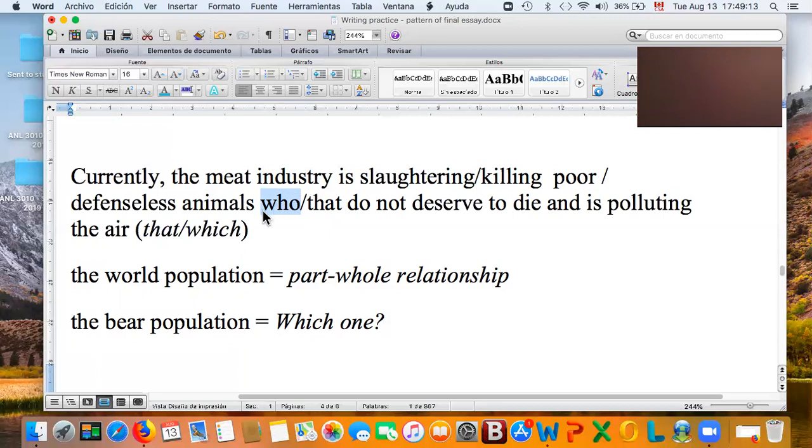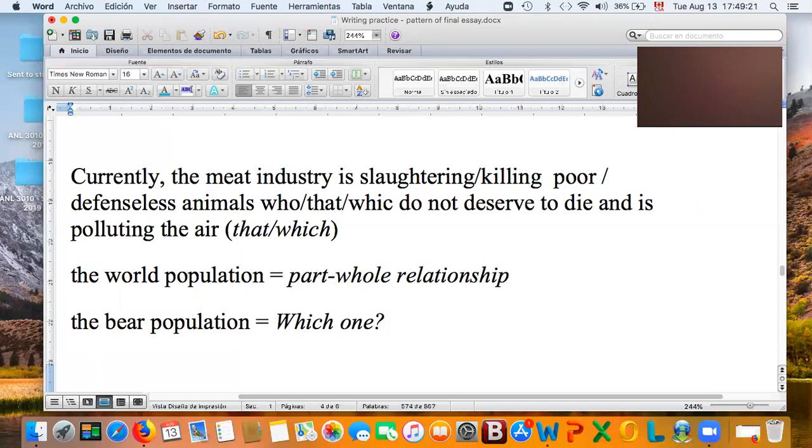Well, the point is that when we're choosing between who, that, and perhaps which, in English, what you have to bear in mind is that who is generally associated with conscious entities, cognizant entities, human beings, and which is usually associated with things, and it's also frequently associated with the idea of which one, selection.